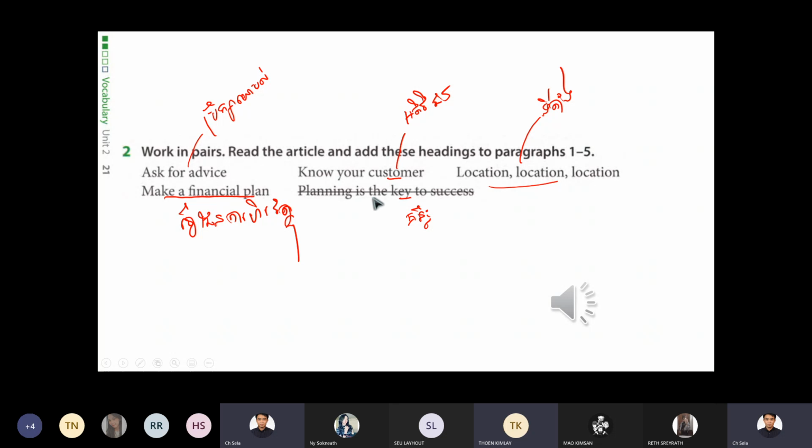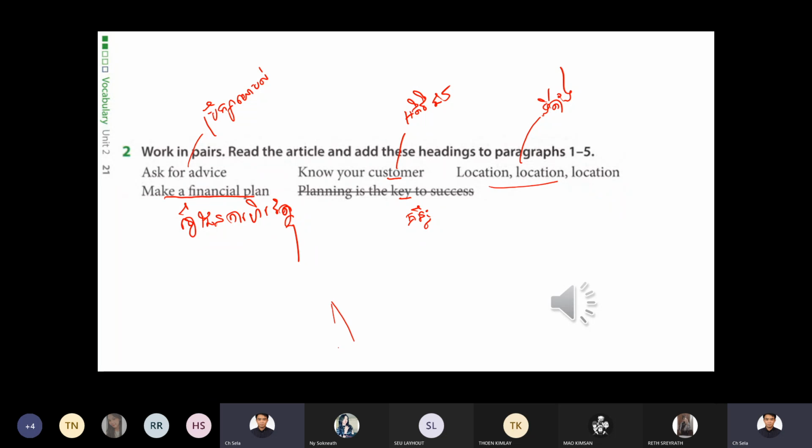Planning is the key to success. Location, location, location. Okay.